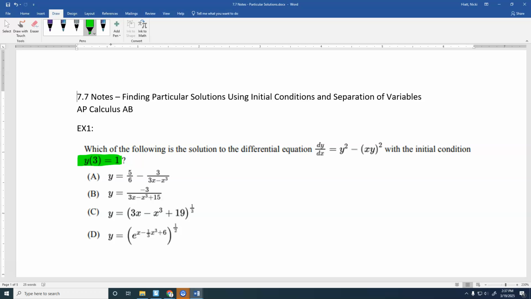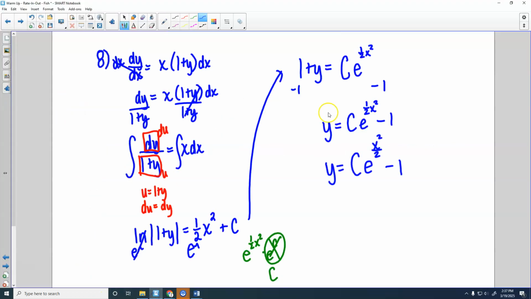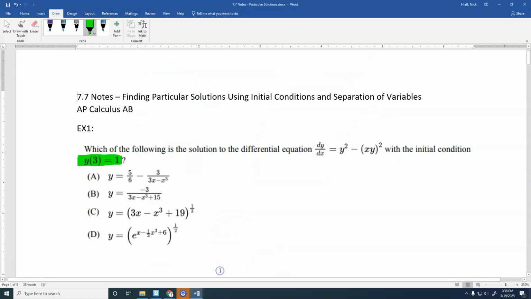Because all of these solutions that we found yesterday, all the ones that we see over here with a C right there, it's really an infinite amount of solutions, right? Because that C could be 1, or it could be 2, or it could be 7, or it could be negative 44. So you really have an infinite number. But in most situations, when you start using differential equations in real life, there's only one that actually works, right? Because you know a constraint for whatever you're looking at, and there's only one that actually works.